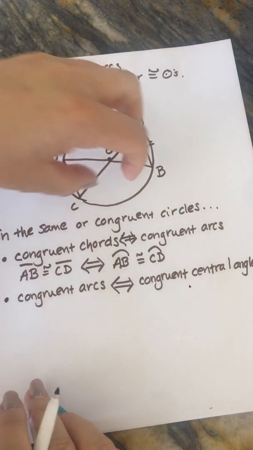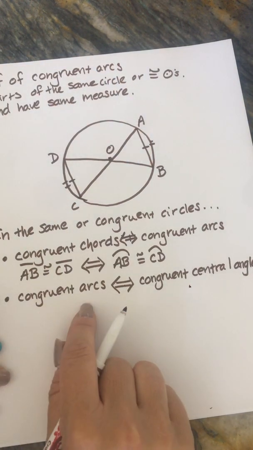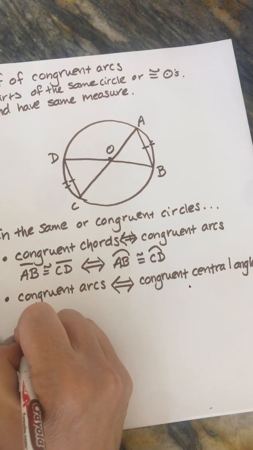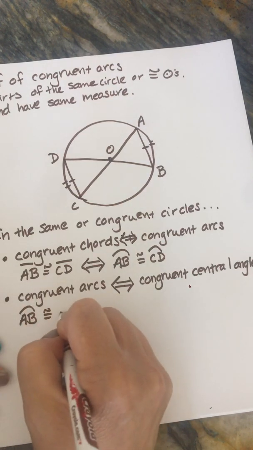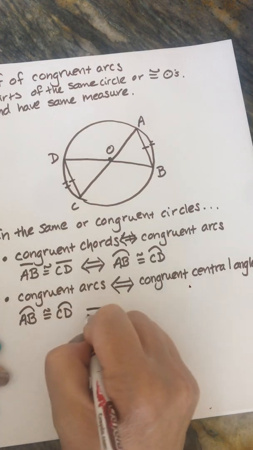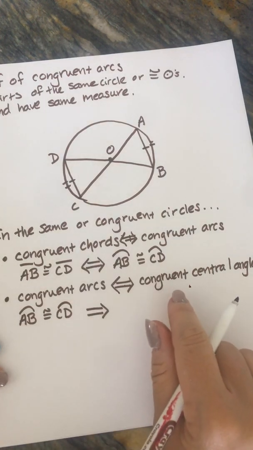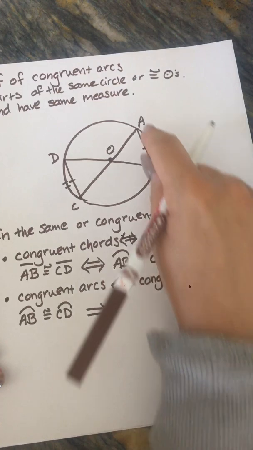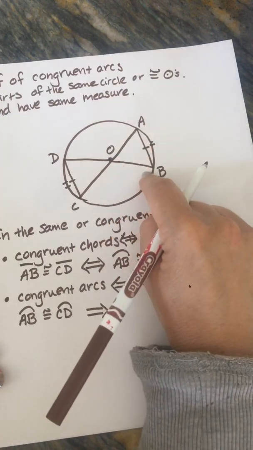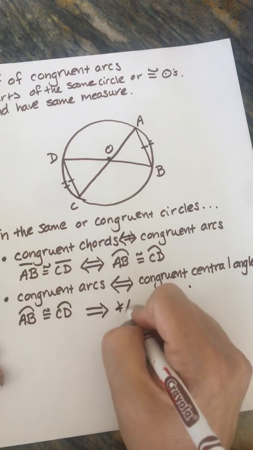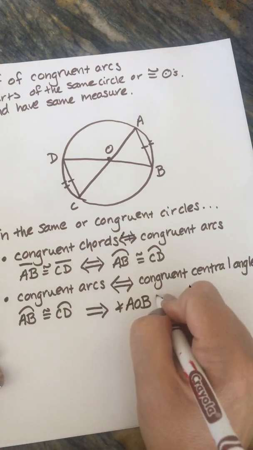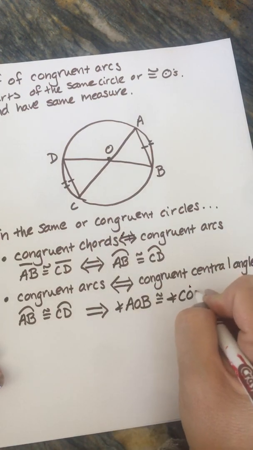So again, let's do our particular here. Congruent arcs, so that would mean that if we know arc AB is congruent to arc CD, then angle AOB is congruent to angle COD.